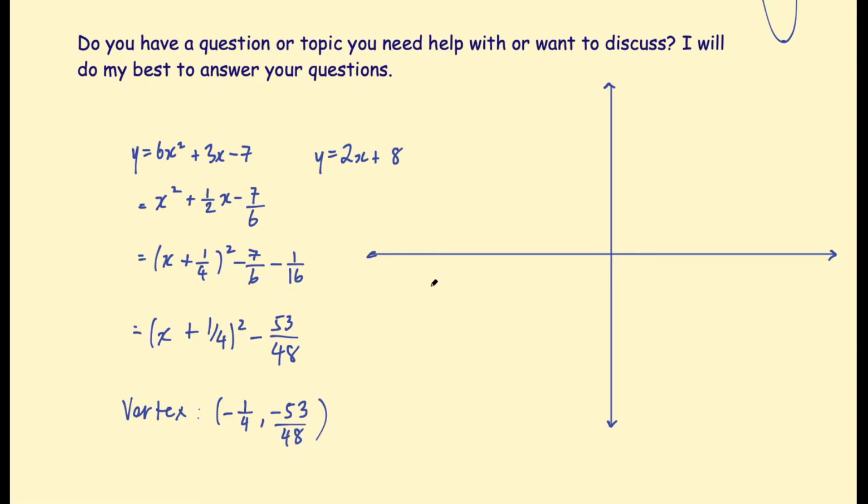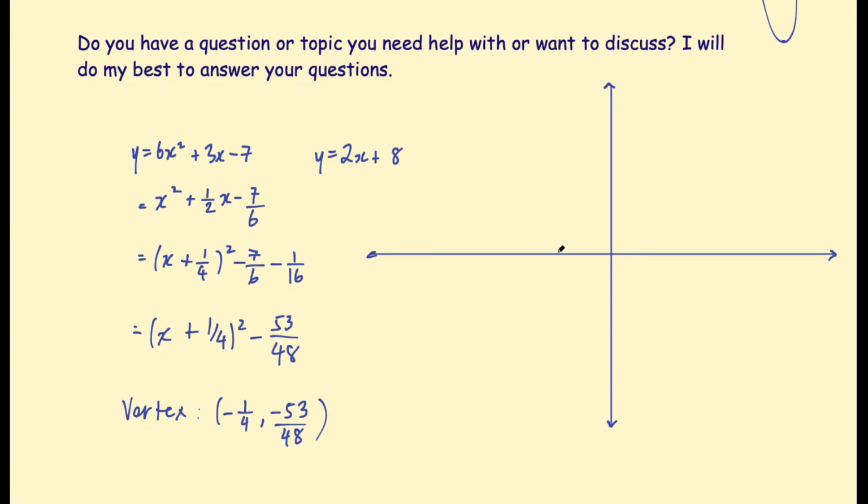Alright. So I have the minimum of this quadratic of -1/4, -53 on 48, which is just more than 1, I guess.